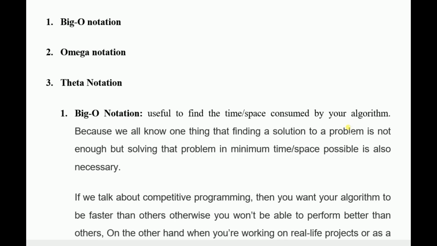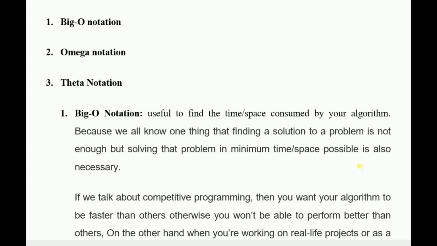We all know that finding a solution to a problem is not enough; solving that problem in minimum time or space is what matters. Everybody can have a solution to a problem, but finding the best solution, that means within less time duration, is the best one.